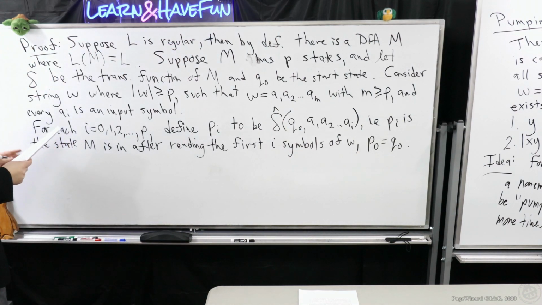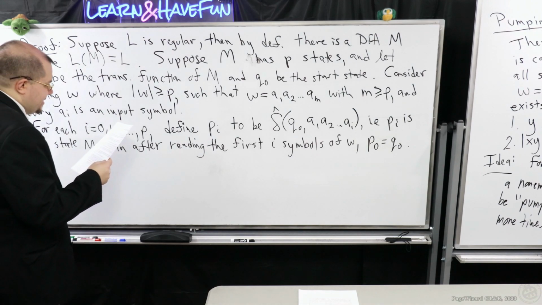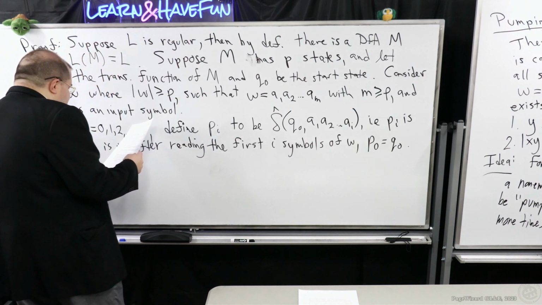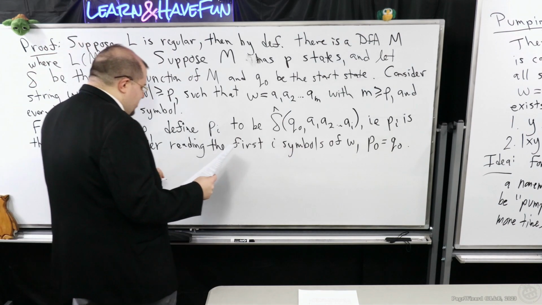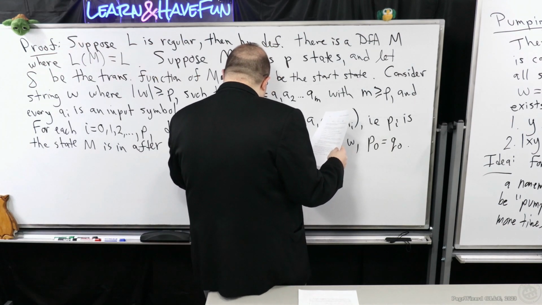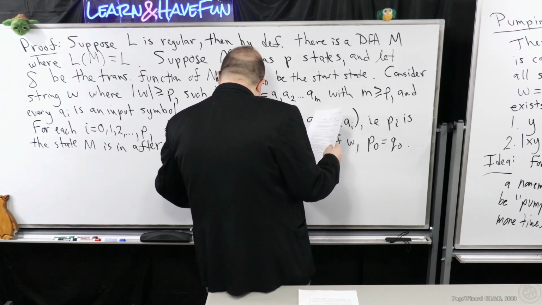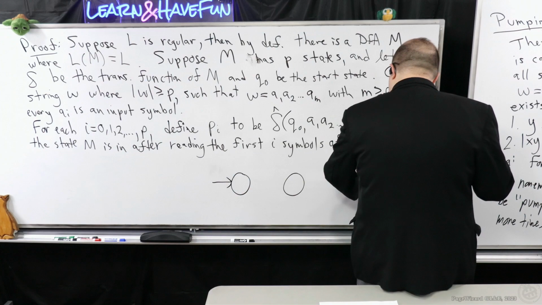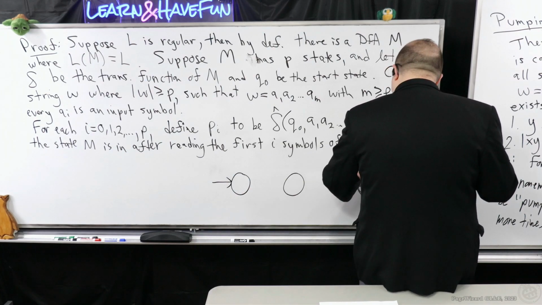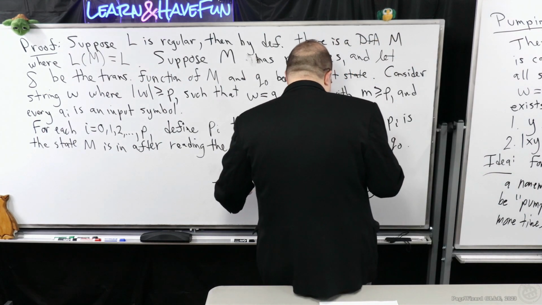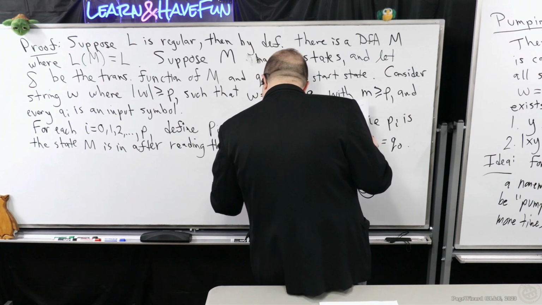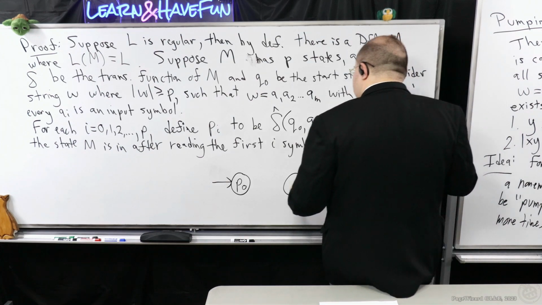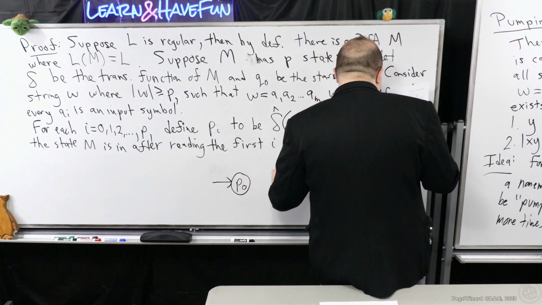Well, I want to remind you what this all looks like. It's going to look something like this. Let me draw it over here, because we're going to use this to help with our intuition. This will remind you a little bit of something we've seen before. So I have P0, that's where we start the DFA's execution. Then you would have P1, P2, and so on.